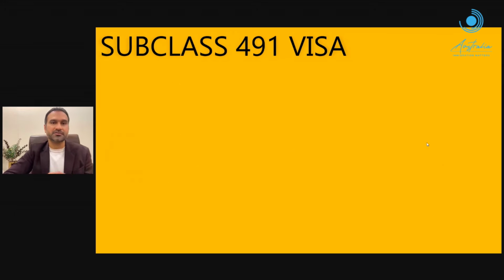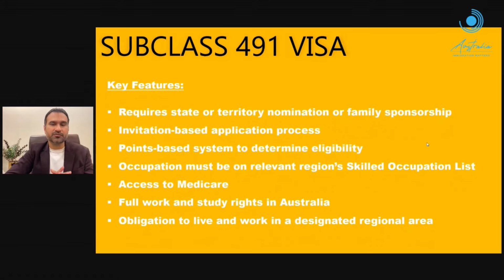Now, let's talk about the next one, which is subclass 491 visa. The key features of 491 visa include, again, that you require a state's nomination or a family's nomination or sponsorship.